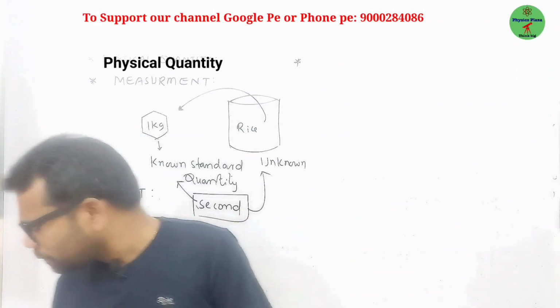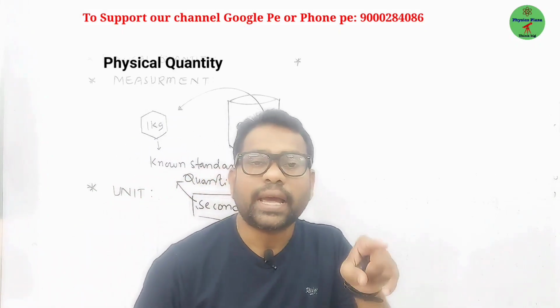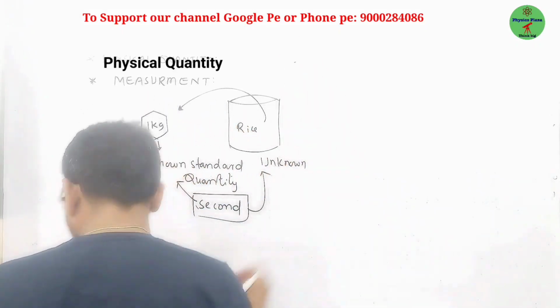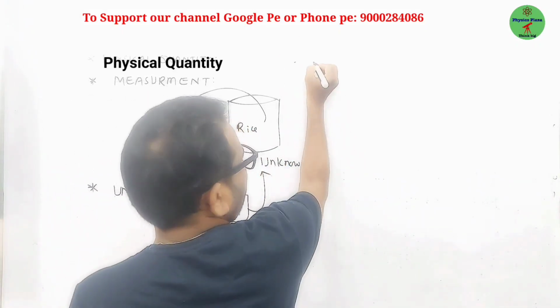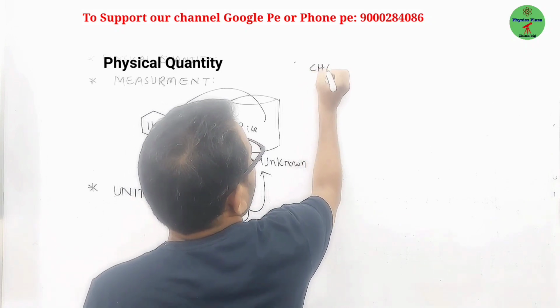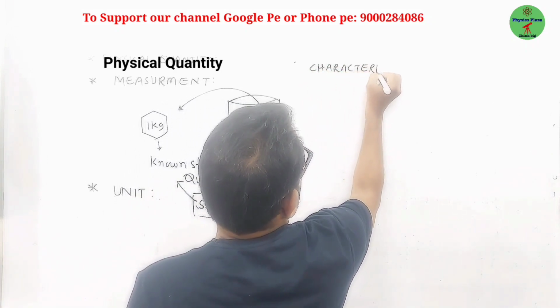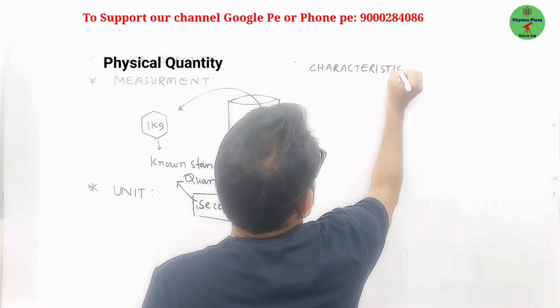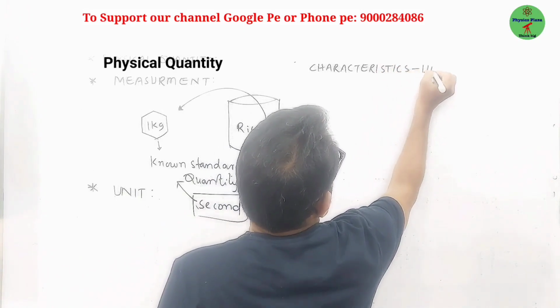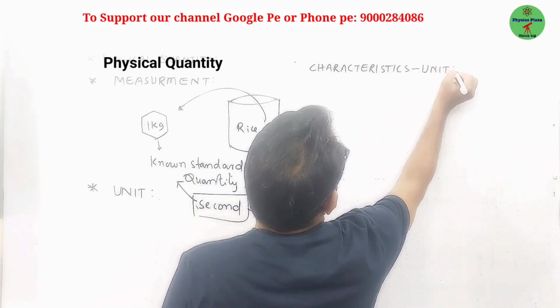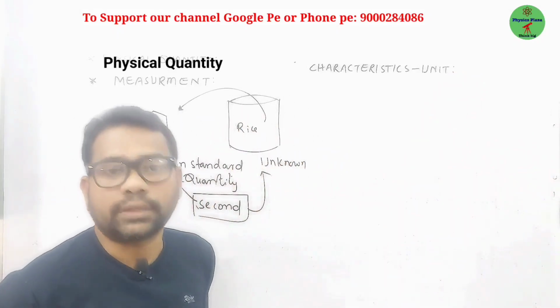Okay, fine. Then how can we select a unit? What are the characteristics of a unit? So children, here the characteristics or choice of unit, what kind of quantity should be taken as a unit?